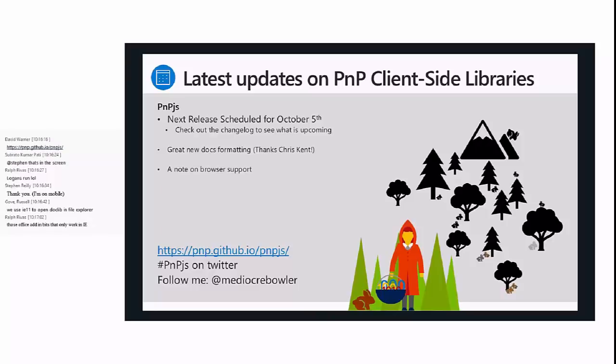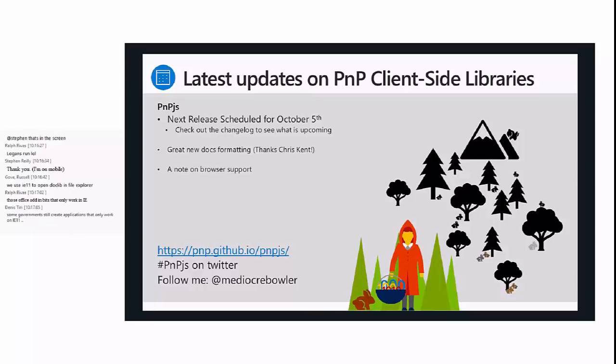Because there's going to come a day, and this is not an announcement, I don't have any special knowledge, where IE 11 is just no longer supported for SharePoint Online, for example. So it's going to be a lot less painful if your companies and your clients start the process of moving now. And just something to think about for the future.